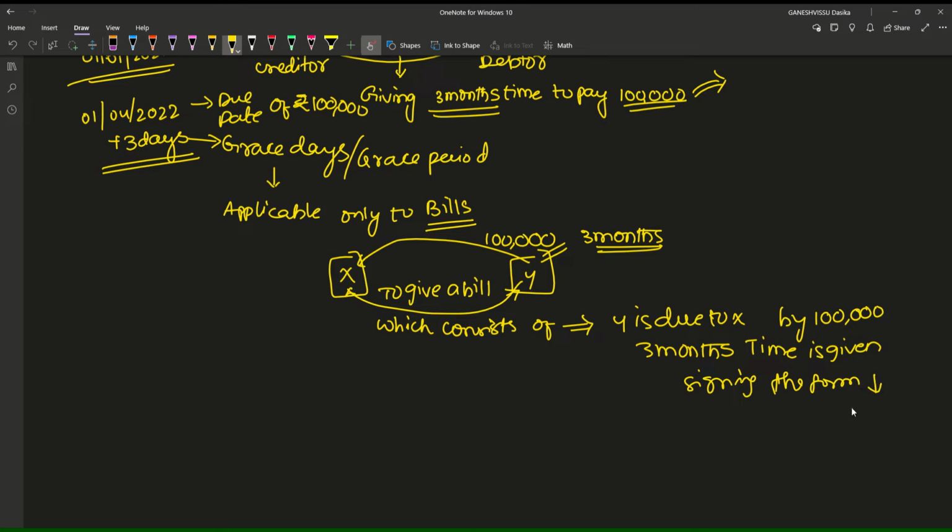This form is what we call a bill. A bill is nothing but like an invoice.